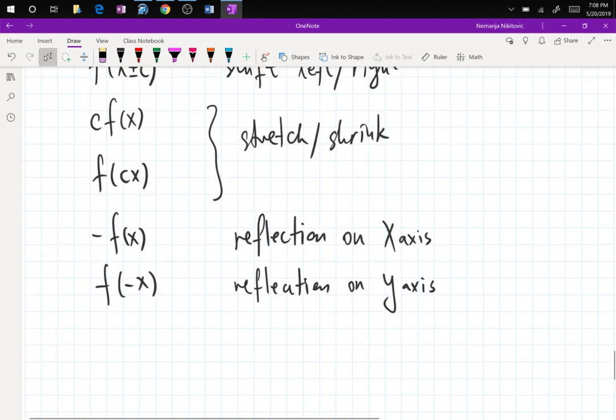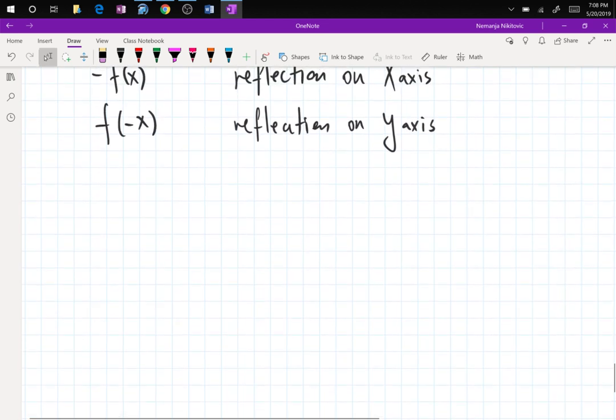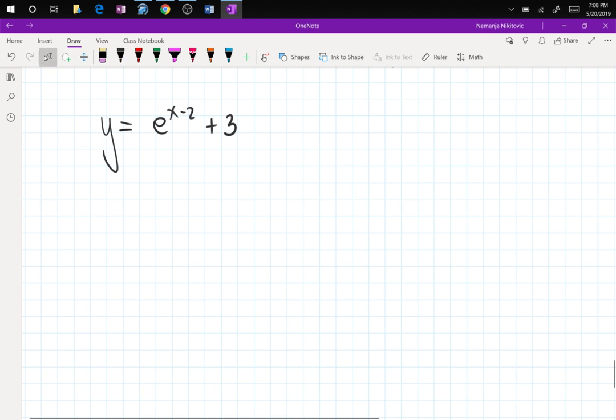Amazing. All right. So now, what do we do with this? Well, you get to see y equals e to the x minus 2 plus 3. So now what? What's the way to graph this?